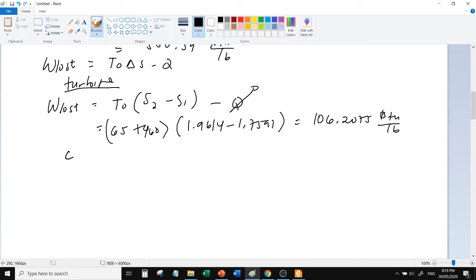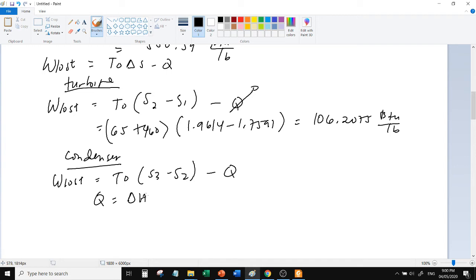Next is yung work lost sa condenser. So, for this one, ang condenser ay nasaan? Nasa from point 2 to point 3. So, S3 minus S2 minus Q. So, for a condenser, ang energy balance natin sa condenser, di ba?